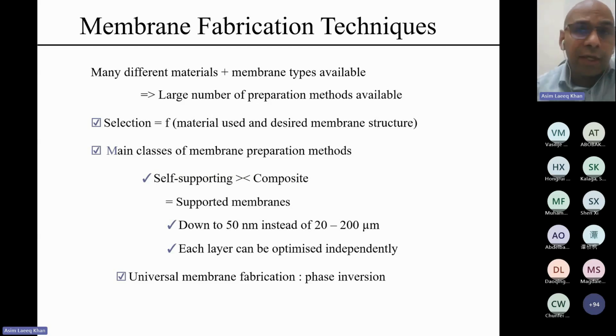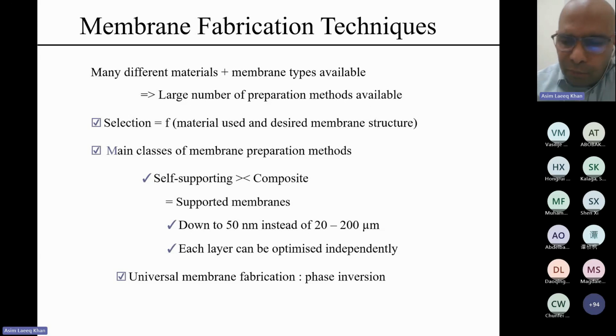So it is very difficult to name one, two, three, or even four, five different techniques that are generally used for membrane fabrication. Depending on the morphology that we want to obtain, depending on the material that we are processing to a membrane form, we select the membrane fabrication technique accordingly.